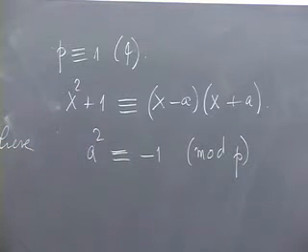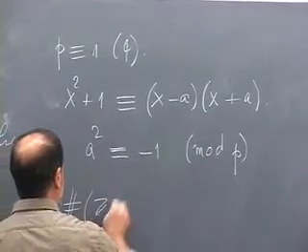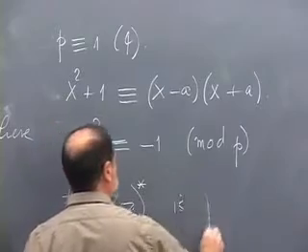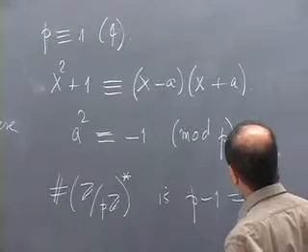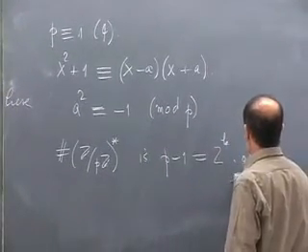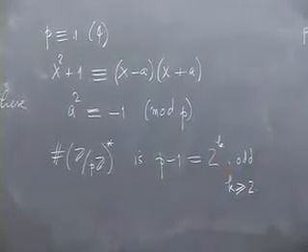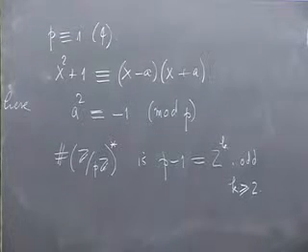Namely, we can find an element of order 4. Proof? In this case, the order of Z mod PZ star is p minus 1, which is equal to 2 to the k times an odd number where k is greater than or equal to 2. Namely, this number is divisible by 4. Might be 8 times something, it might be 16 times something, whatever it is, it's divisible by 4.